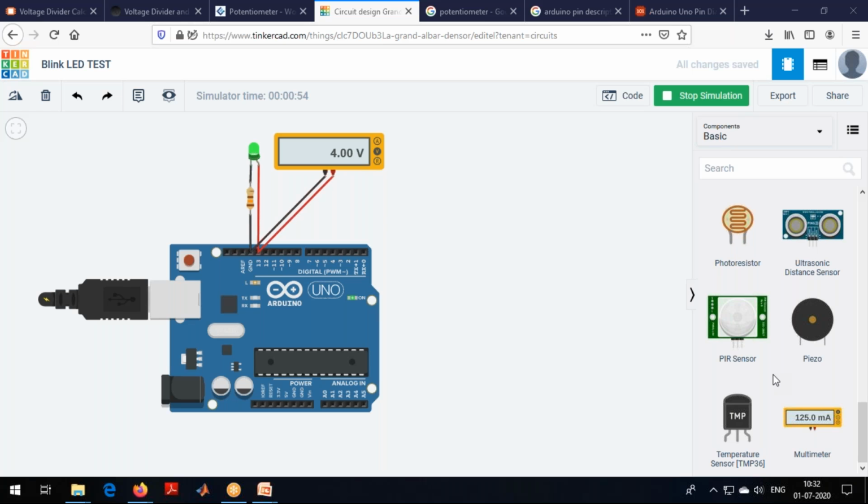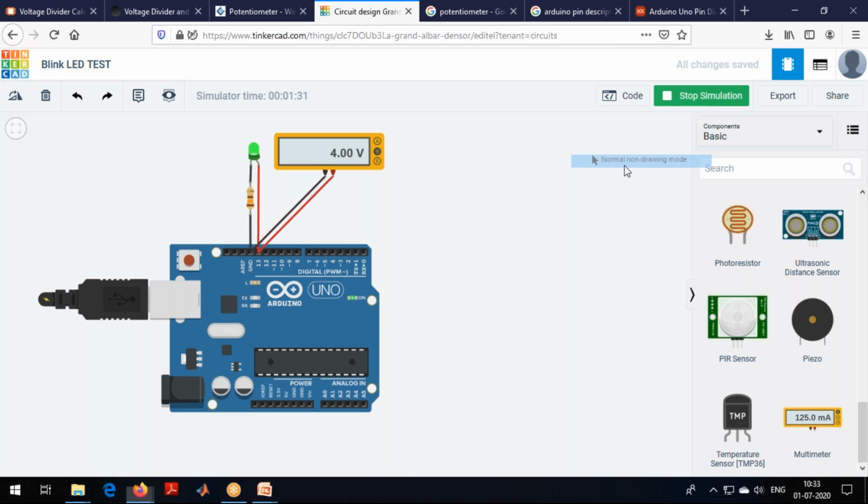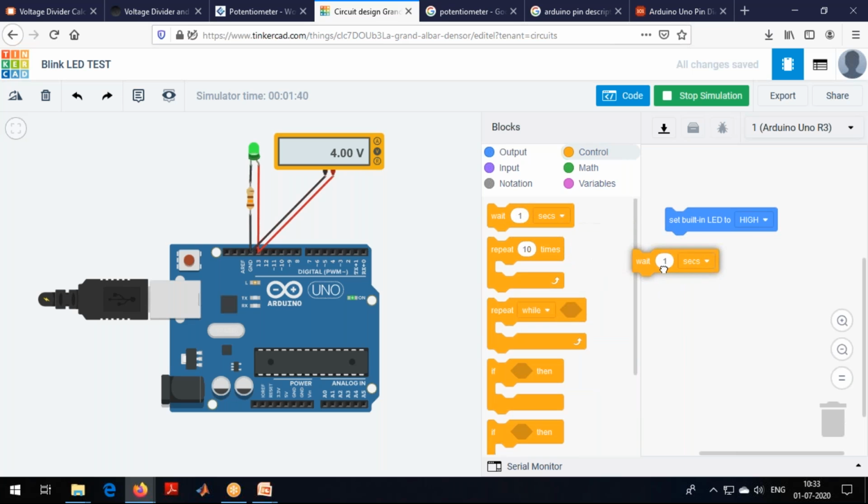The basic reason why we are going with this microcontroller is that if I want to make it on and off, I cannot keep starting and stopping the simulation every time. That can be done in code itself. We'll go back to code. In control we had something like this, right?